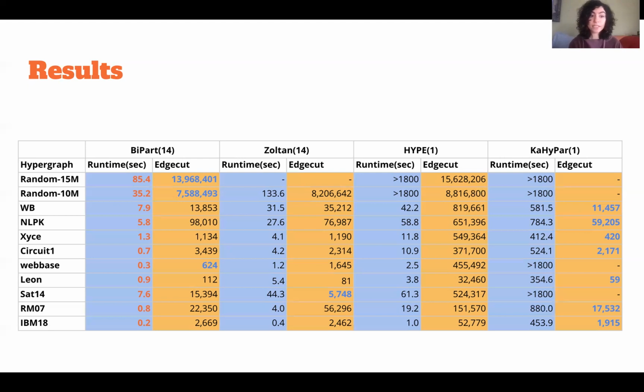And specifically, on the largest one that K-Hyper was able to run, WB, Bipart is about 70 times faster. K-Hyper failed to partition 2 of our hypergraphs. But on the ones that it was able to run, it's slightly better than Bipart in terms of the edge cut.